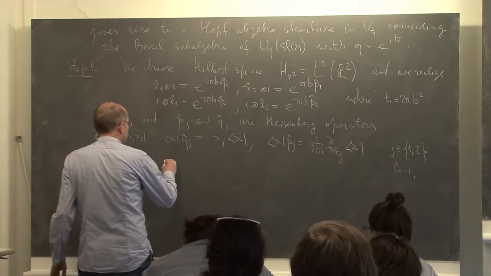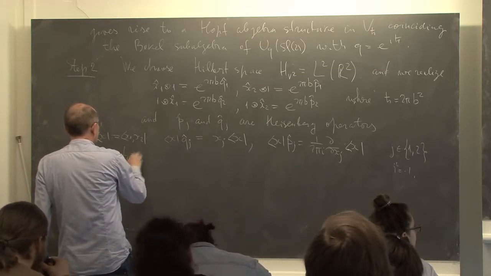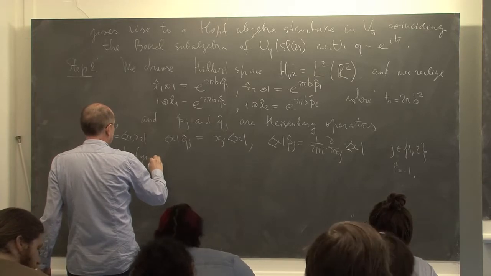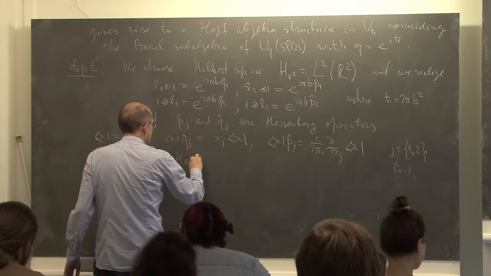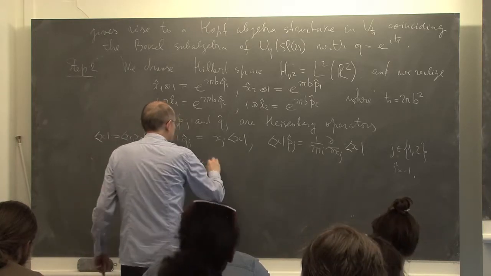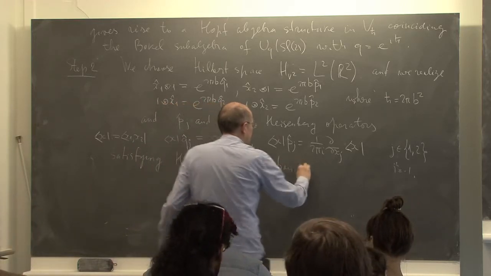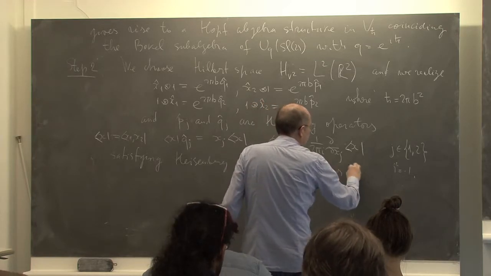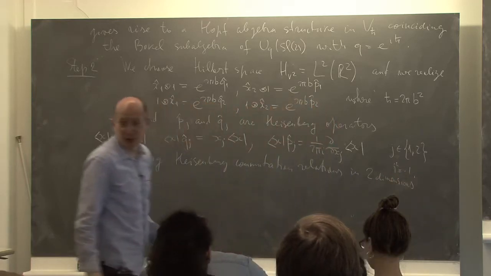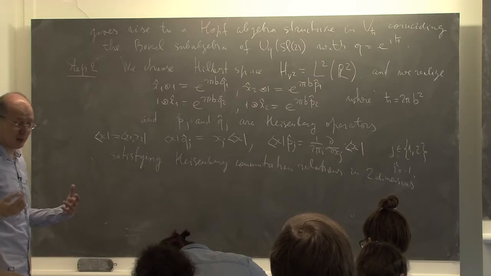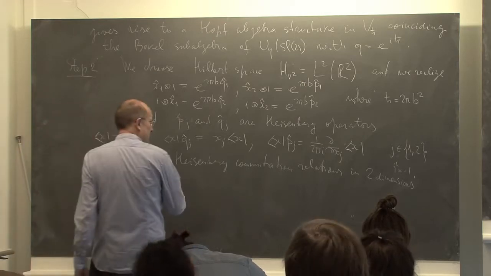And this satisfies the Heisenberg commutation relations in two dimensions. Here I'm referring to physical two dimensions, which means that we are dealing with a particle in a two-dimensional space.